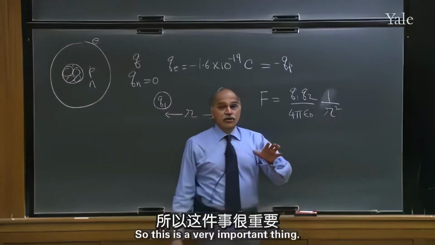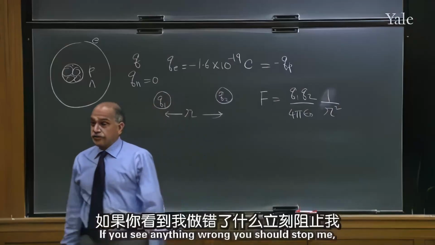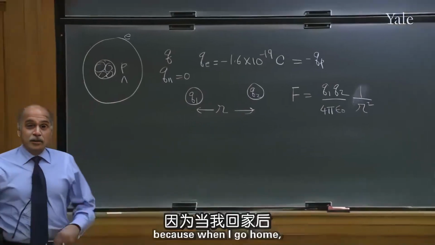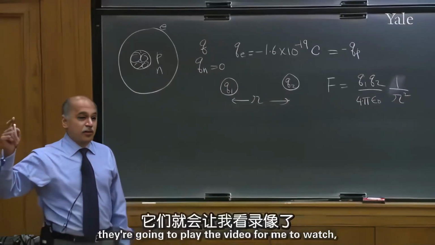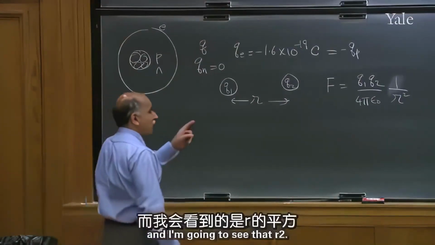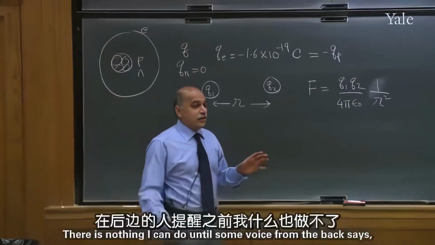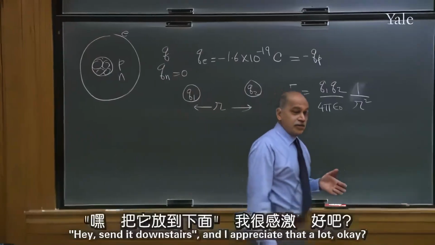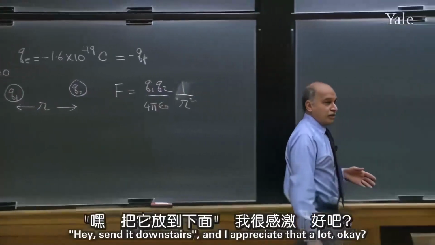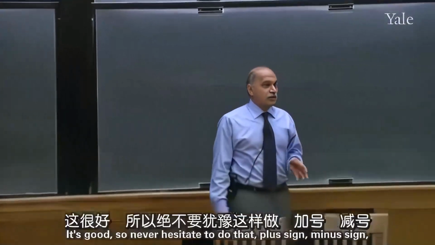So this is a very important thing. If you see anything wrong, you should stop me. Because when I go home, they're going to play the video for me to watch, and I'm going to see that r square. There is nothing I can do till some voice from the back says, hey, isn't it downstairs? And I appreciate that a lot, okay? It's good. So never hesitate to do that.